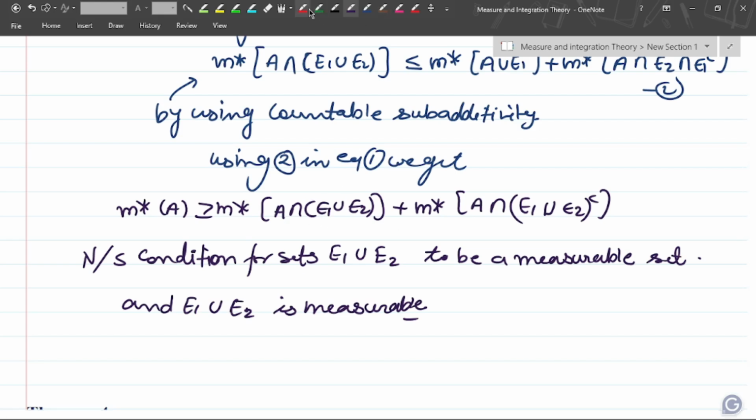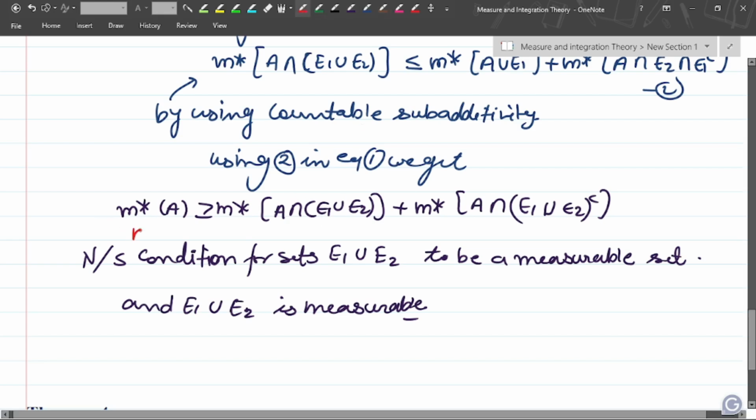Okay, so this is the condition that we had already. Basically, what this represents is that the outer measure of A equals the outer measure of A intersection with E plus the outer measure of A intersection with E complement.